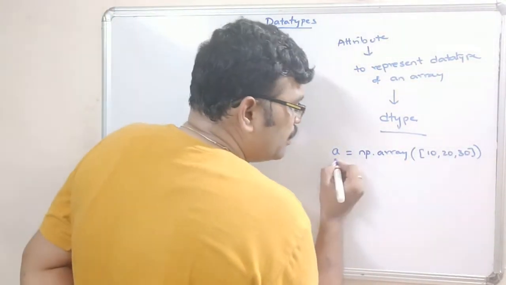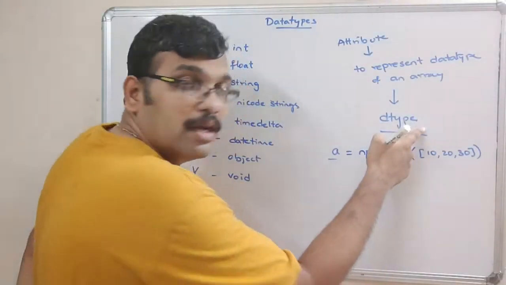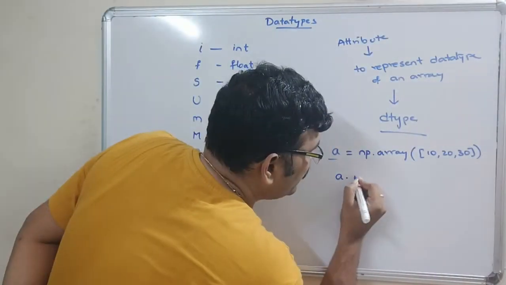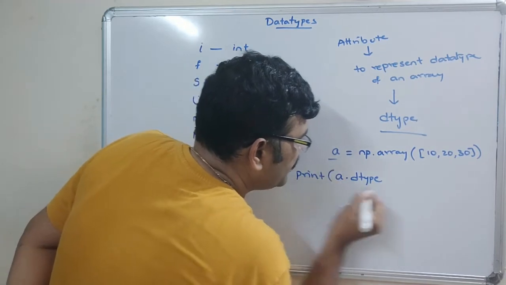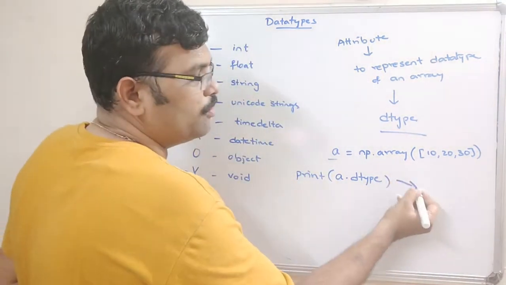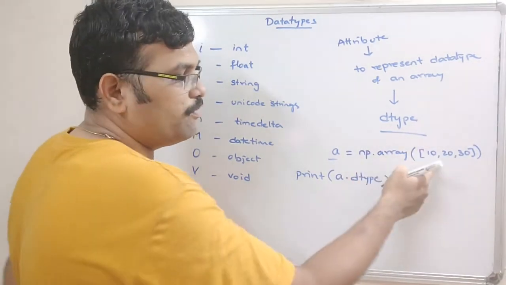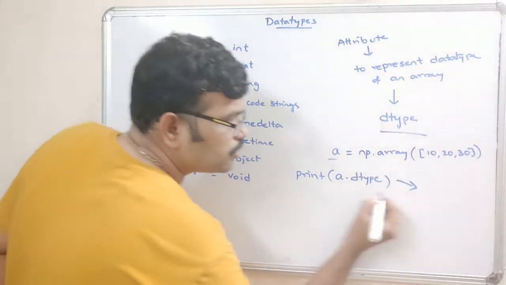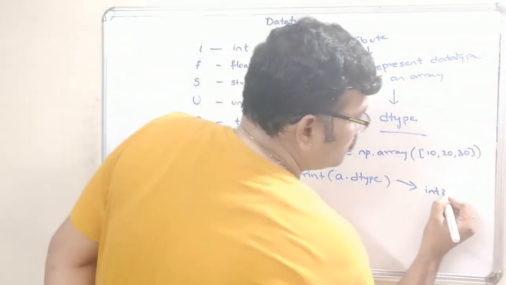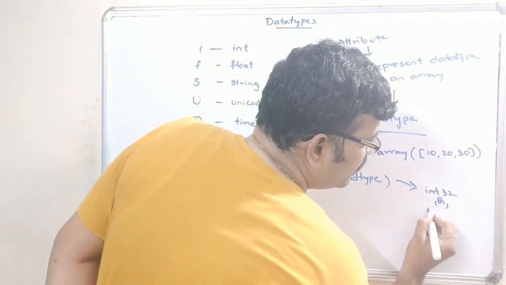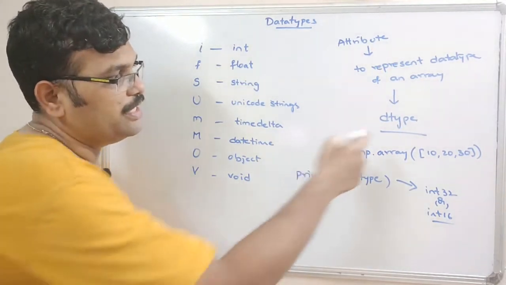In order to know which data type the array consists of, we have to go with dtype. If you print a dot dtype, this will give the data type of the elements of the given array. Here the given array consists of integer elements, so this will give integer, whether it is 32-bit or 16-bit, integer 32 or integer 16. This will be returned by using dtype.